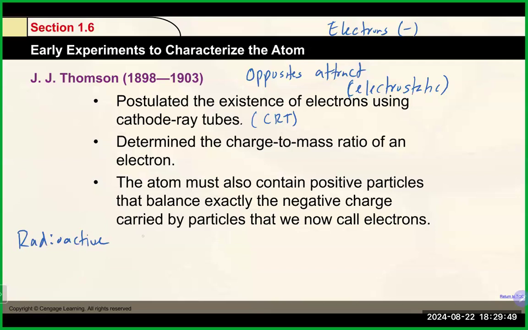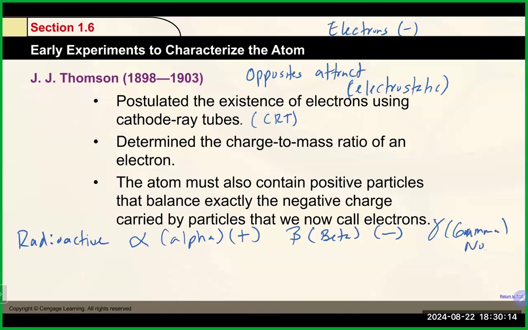There are a few particles that are used a lot: alpha particles, which are positively charged radioactive particles; beta particles, which are negatively charged radioactive particles; and sometimes gamma rays, which have really no charge.